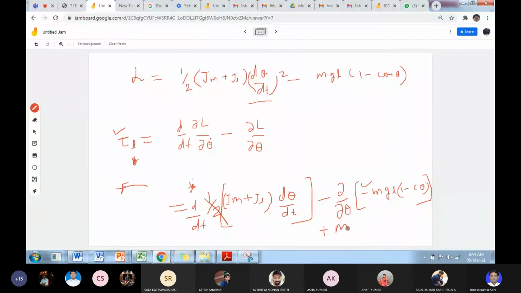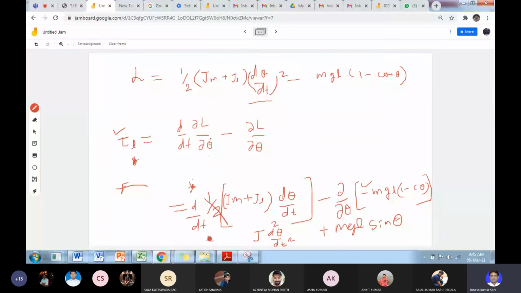So mgL sin theta. Okay, and this is J d square theta upon dt square.